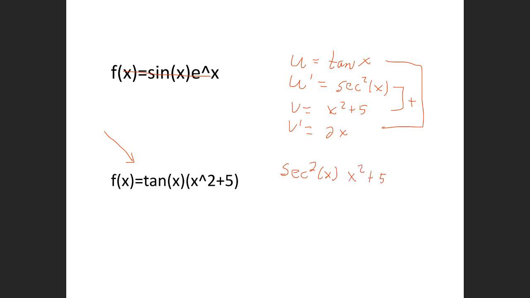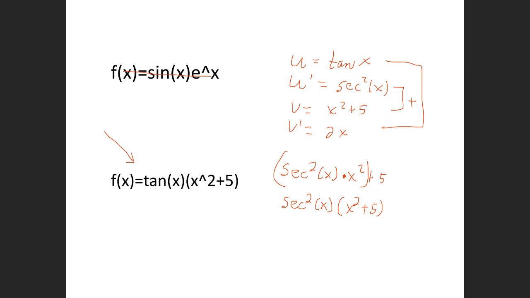But in reality, if that's what you did, what you're really saying is secant squared of x times x squared, plus 5.